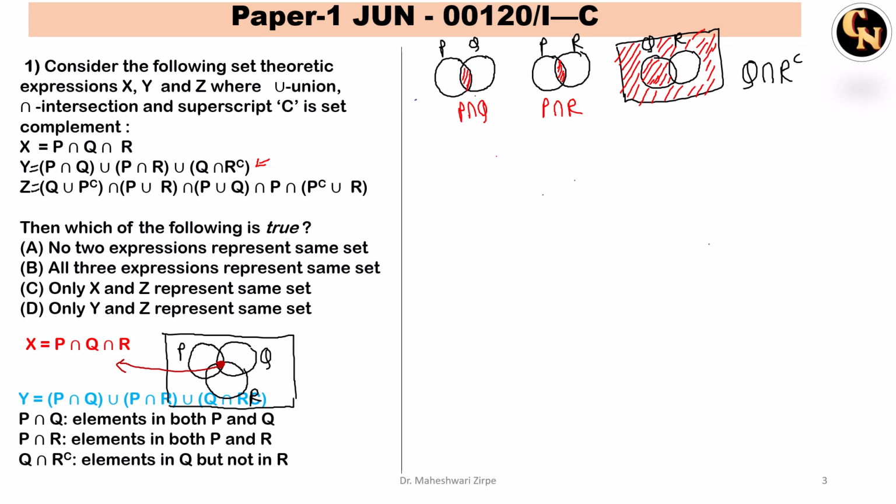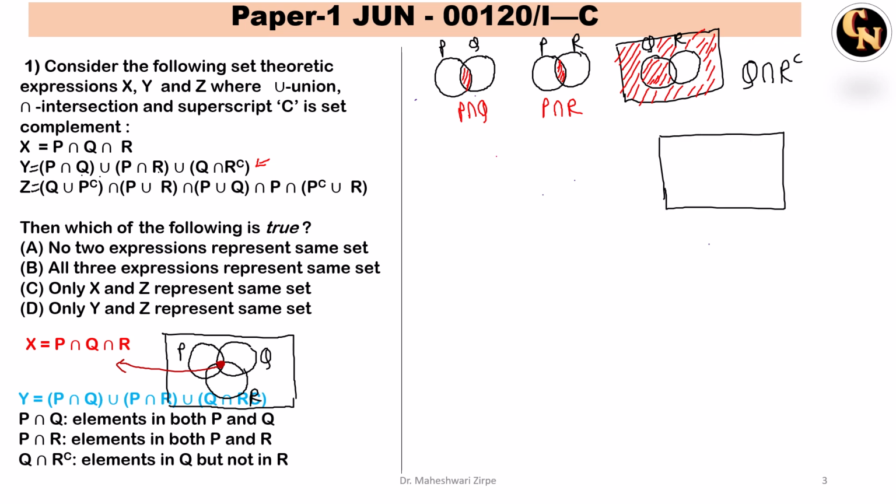Now if you are going to union all of them: P intersection Q union P intersection R union the third. So you have to unite all these things. All these three diagrams, if you merge, union means we have to consider all the elements which are here. Now if you merge this, your diagram will be somewhat like this.